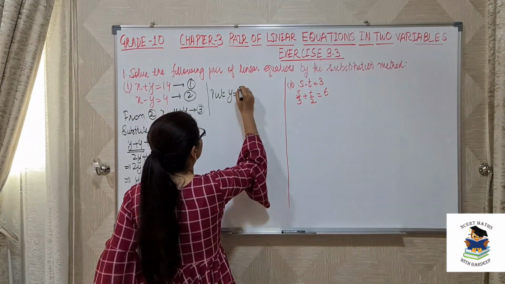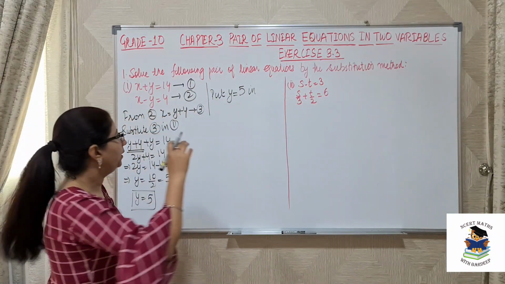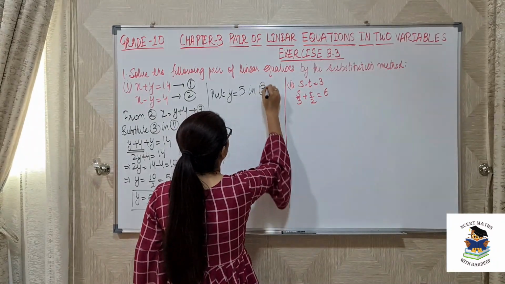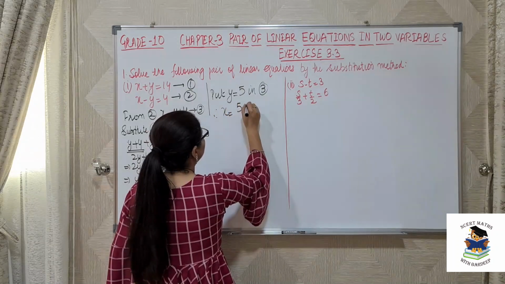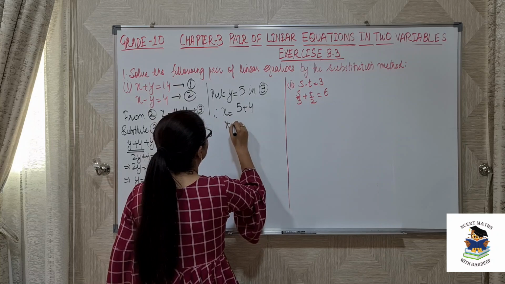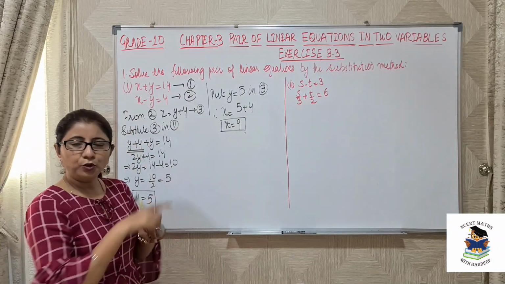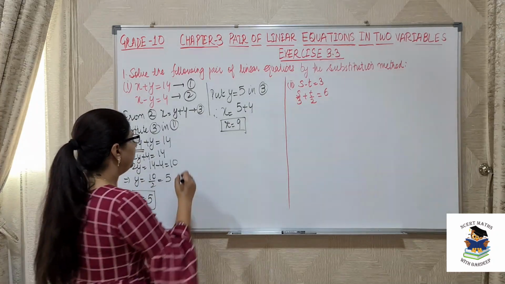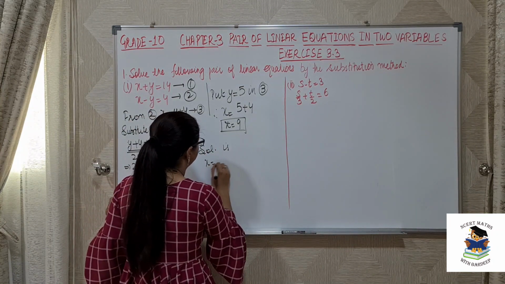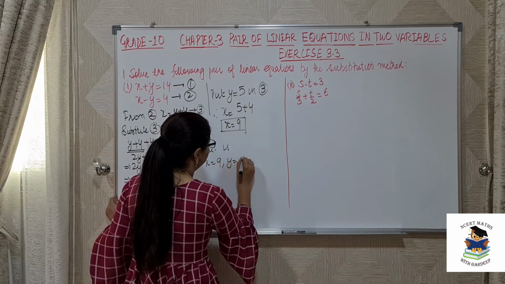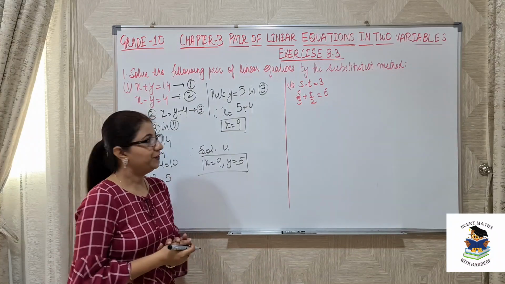So this is 5 in 1, 2, 3, any equation, so I use 3. Therefore, x is equal to y plus 4, that is 5 plus 4, and x is equal to 9. So don't forget to put boxes around these values. In the last you can write, therefore solution is x equals 9 and y equals 5. So this is our first part.